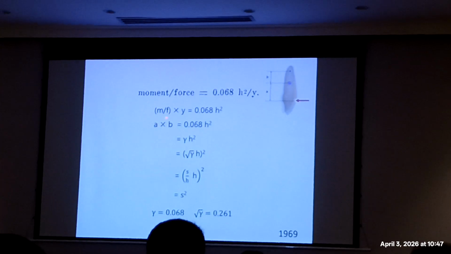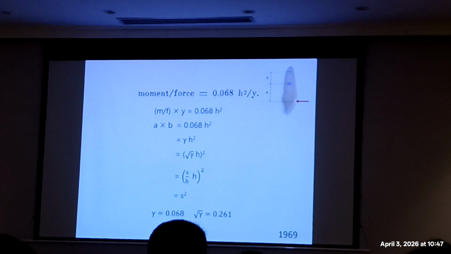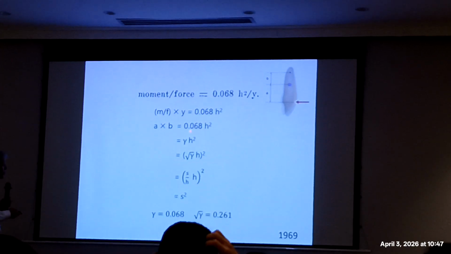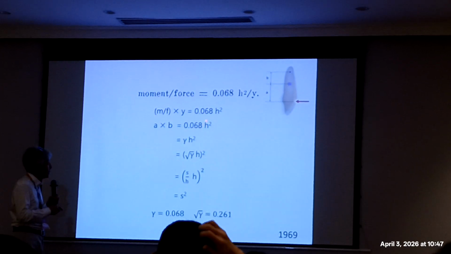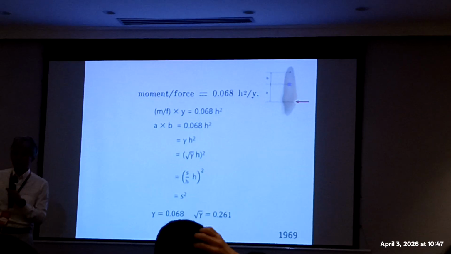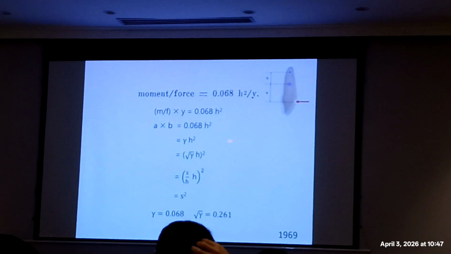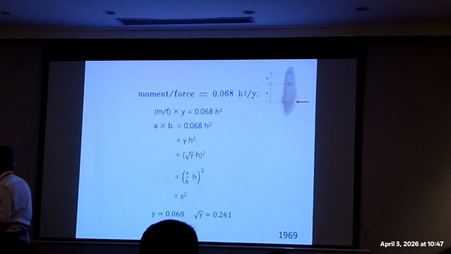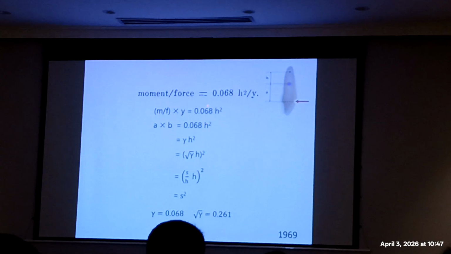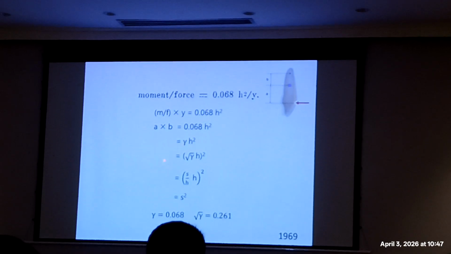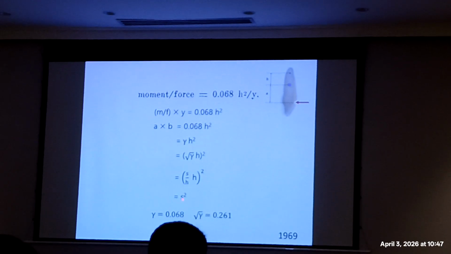So these are A and B. A times B is something like this, and as you can see, this is a number. H is the length of the root, so it is constant for a given tooth. So this whole number here will be a constant value, and finally we have an h squared.